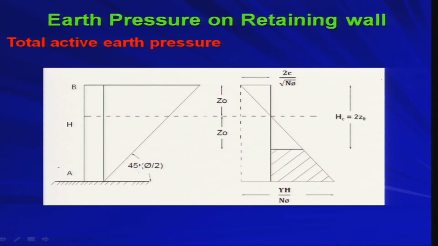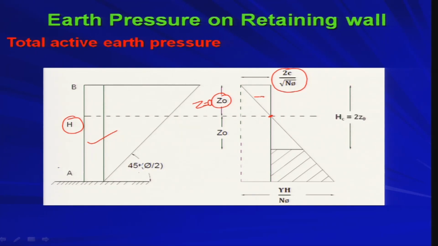Now, you see the distribution. This is the wall, and this is the total height of the wall, H. As I told you, at z equal to z naught, you are getting active earth pressure as 0. At z equal to 0, that means at the top of the wall, you are getting 2c by root over N phi, which is nothing but tensile, minus.